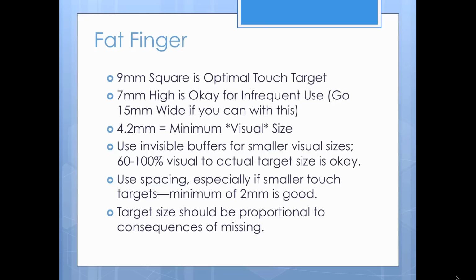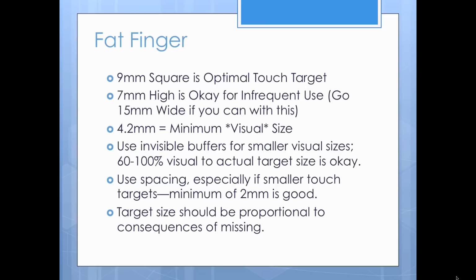Some other suggestions here, like 7mm high is okay. You can make it wider if that's the case. That has an interesting property: if things are wider, then that's good. And if you do want a smaller visual size, like 4.2mm as the minimum, then what you can do is put an invisible buffer.